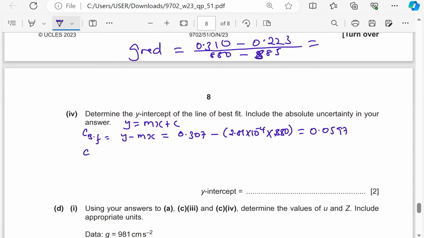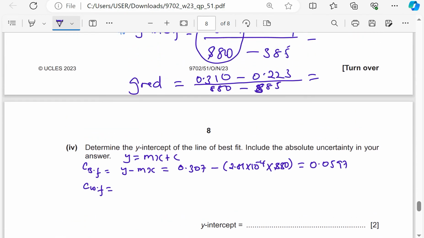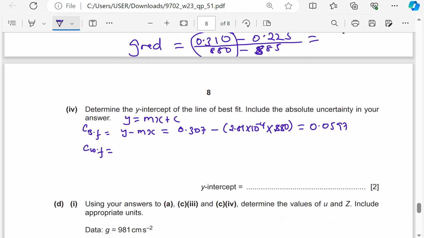Then I'll find c for the worst fit. c for the worst fit will still use the same formula, but I will choose a pair of values from the worst gradient, which is this one here. So the y value was 0.310 minus the gradient for the worst fit, 2.95 times 10 to the power of minus 4, times the x value, which is 880.